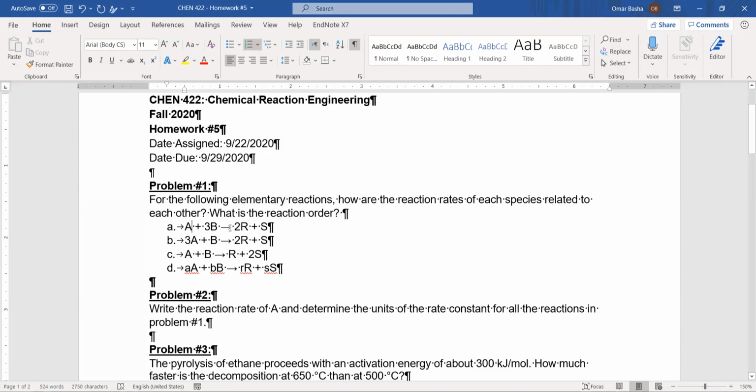Okay, so let's go. So I have A plus 3B goes to 2R plus S, 3A plus B goes to 2R plus S, all these different types of combinations. Go to the whiteboard here, and let's start this homework. This is homework number 5, CHEN 422, number 1.